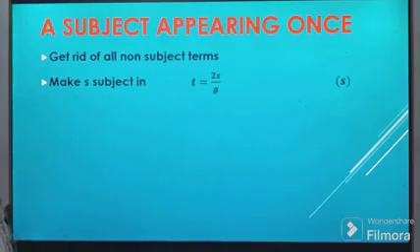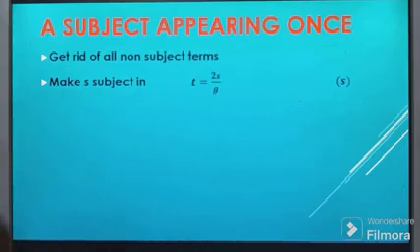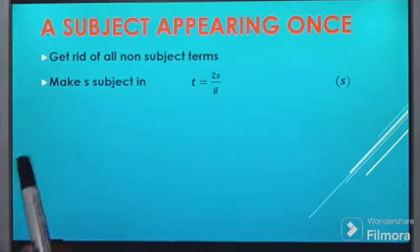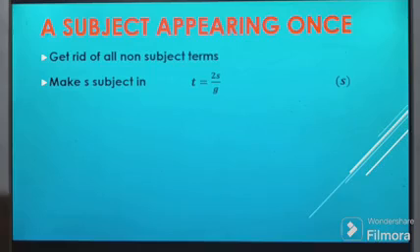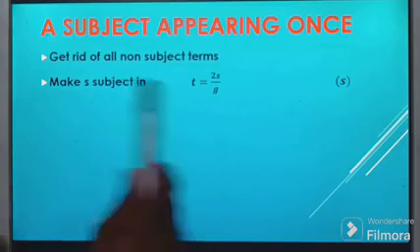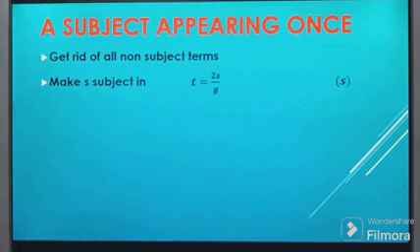If it's subtracting, we add both sides. Dividing, we multiply both sides. Multiplying, we divide both sides.